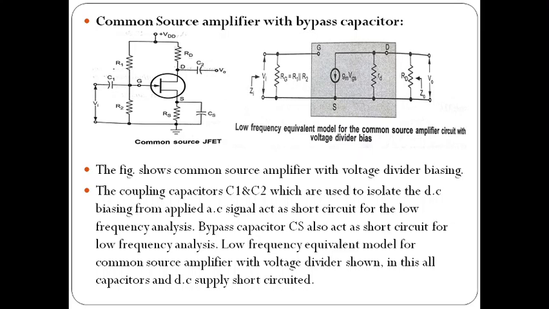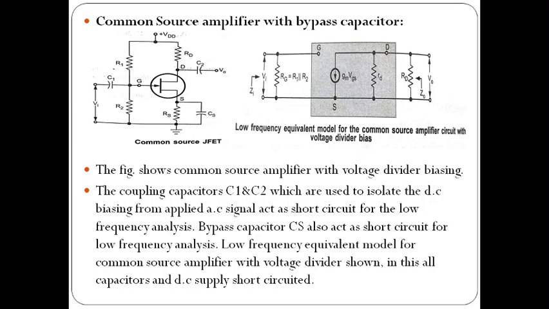Here all the capacitors, that is C1, C2 and CS, are short circuited. Due to the CS capacitor being short circuited, RS will not affect, so RS is 0, and the DC biasing VDD is also short circuited.